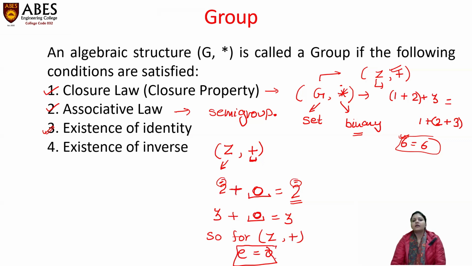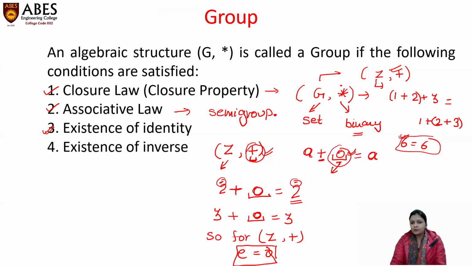The identity element is mostly connected to the operator. If the operator is addition, we can consider any element, suppose it is A. It can be any element. If we add something to this element and we want the result to be that element only, we should add 0 only. So for addition, the identity element is always 0.